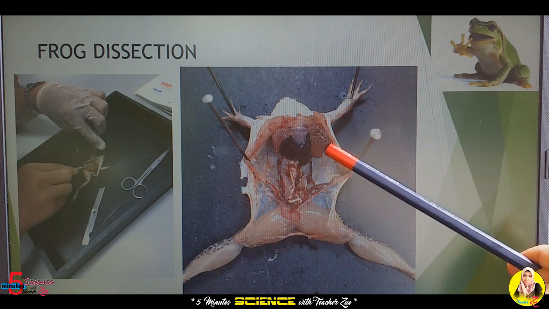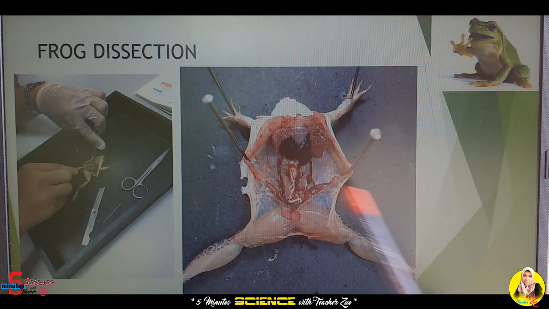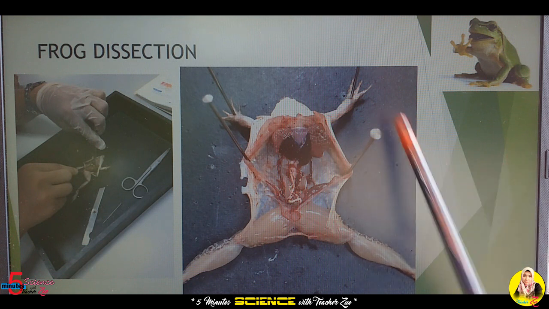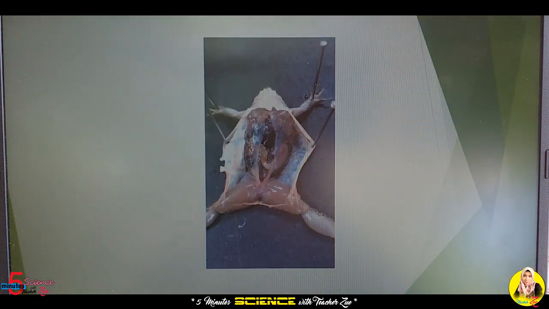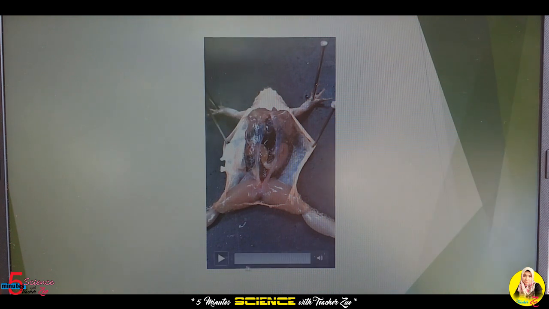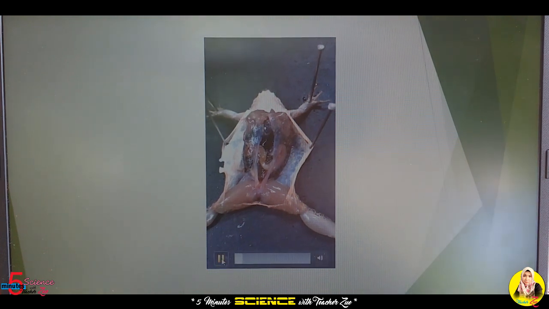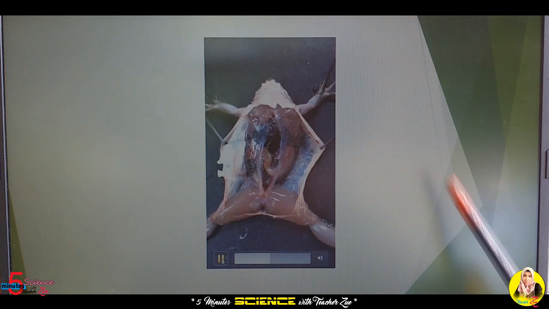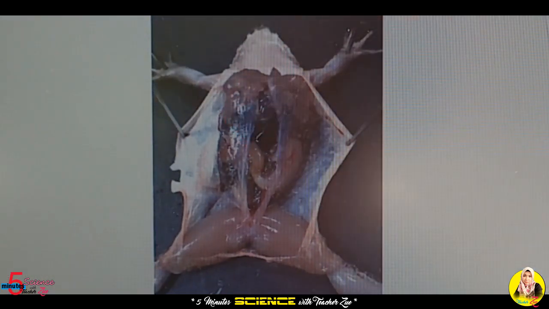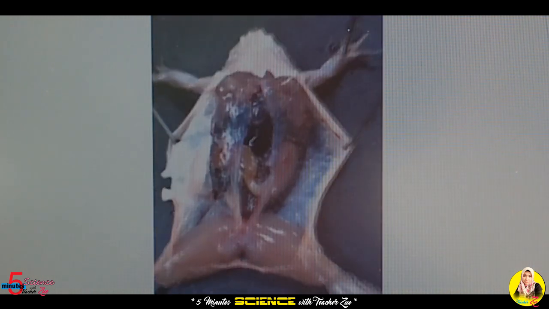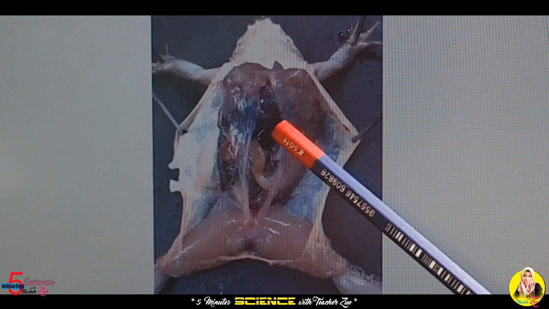This is the lung, and all of the organs here have been removed, but it is still alive. Okay, look at the video. The frog is still alive. You can see its heart. Okay, again, I show it again. You can see the heartbeat of the frog's heart.